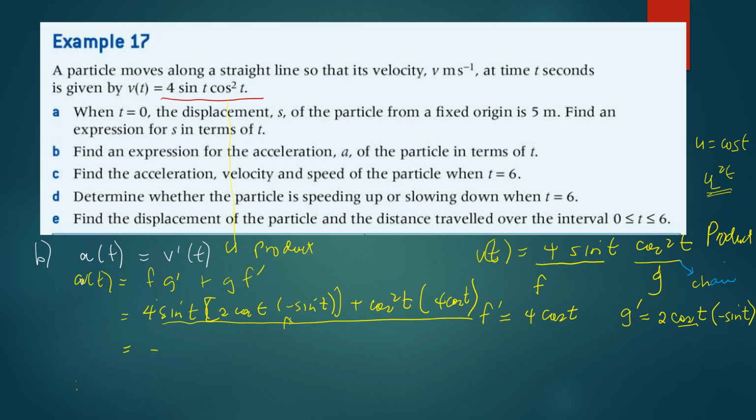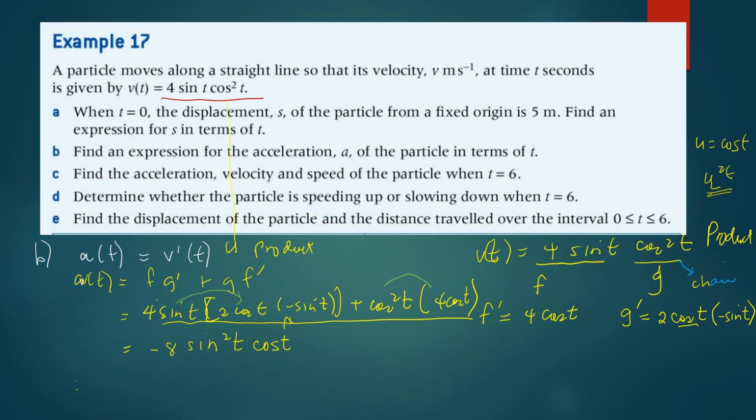So that gives you negative 8 sine t times sine t, which is sine squared t. And what else is left? Cosine t. We are just distributing.